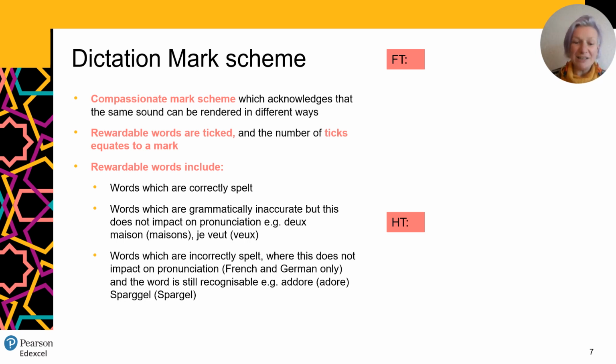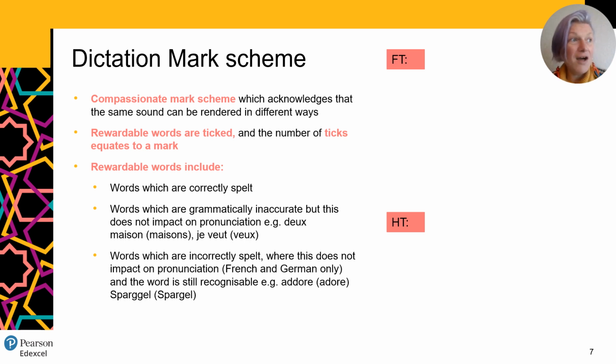Another example here, if the student writes je veux with a T, meaning I want, instead of je veux with an X, which also means want, obviously, there is no difference in the sound of those words. The difference that they have rendered there is a grammatical inaccuracy, that they have misconjugated the verb. So that would also be ticked.